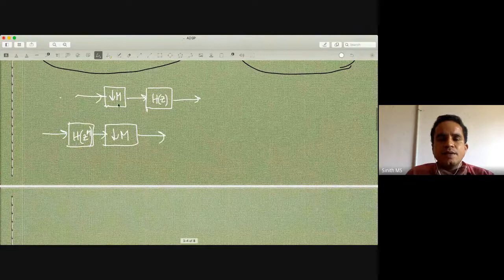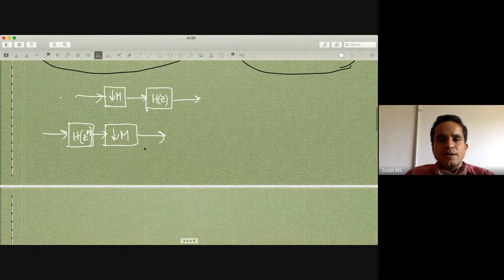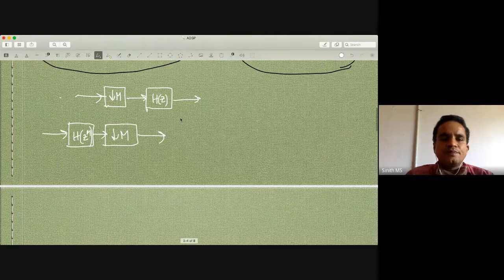This is same as downsampler by factor of M followed by H(z). Both are same. So this is one of the identities for downsampler.